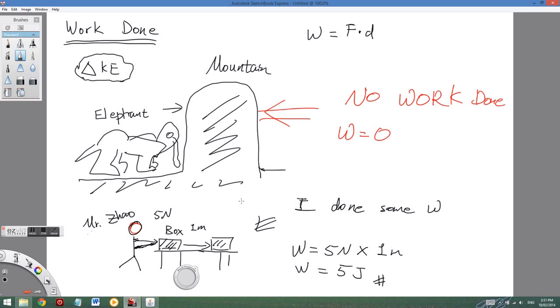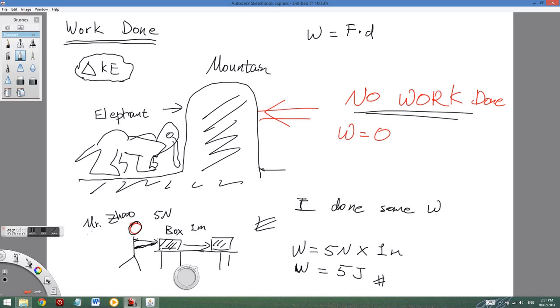In physics, work done is referred to as the change of kinetic energy. When the elephant was pushing, the mountain doesn't move, so the mountain doesn't gain any kinetic energy. So the elephant did no work on the mountain.